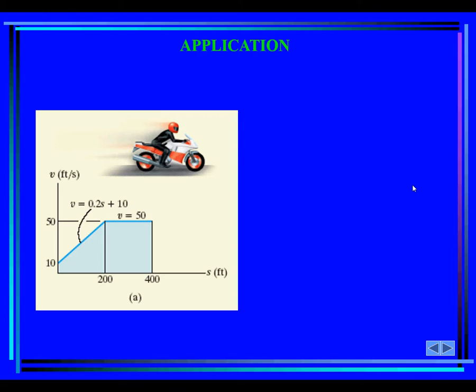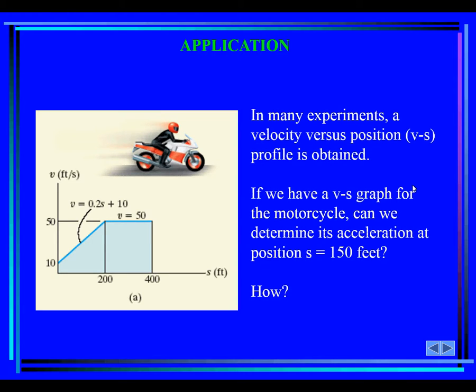So here we go. We have a vehicle here, a motorcycle, and this is the graph of the motorcycle, which has a different motion here. At this position at 200 feet, it started with the velocity 10 feet per second, and the velocity changes based on this equation.